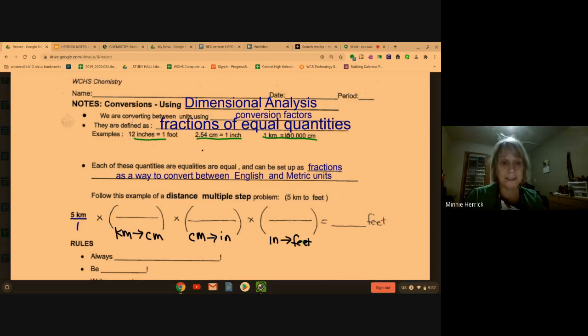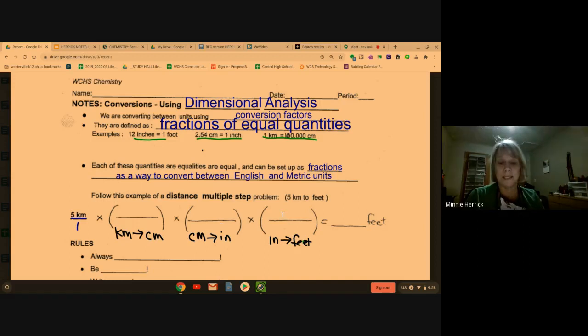Okay, so what we're going to set up are actual fractions of each equality, of each quantity that's equal. So equal things like so many inches in a foot, so many feet in a mile, so many fluid ounces in a liter. Whatever the converting values are, they're actually going to be put together as a fraction, because you actually see these fractions set up in the example.